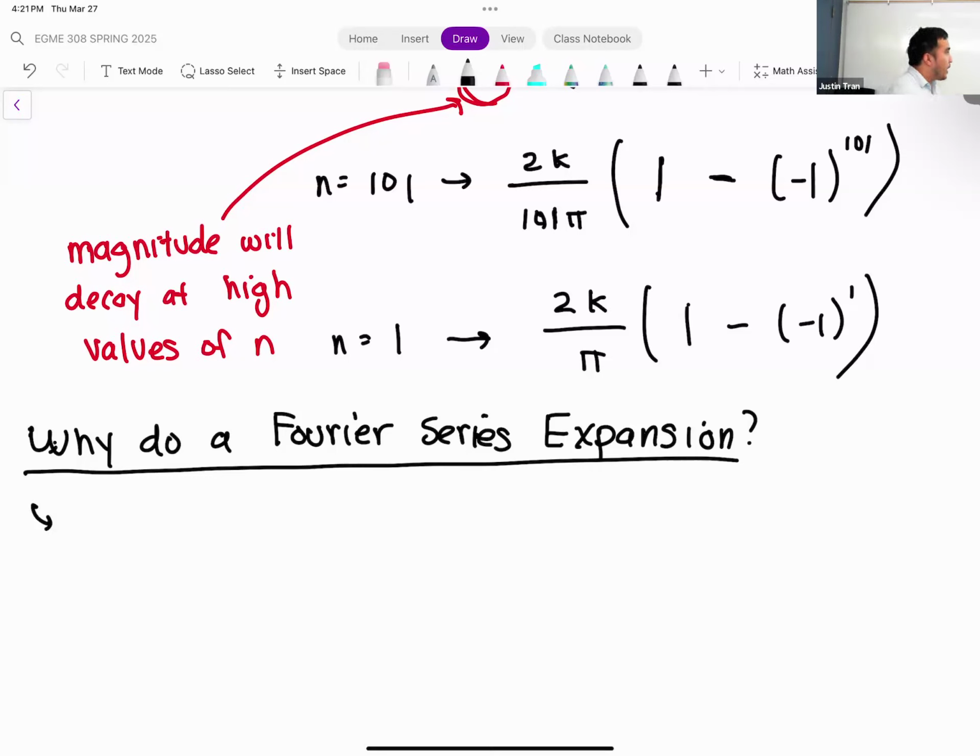The Fourier series expansion is the first of this idea of doing what's called frequency domain analysis.